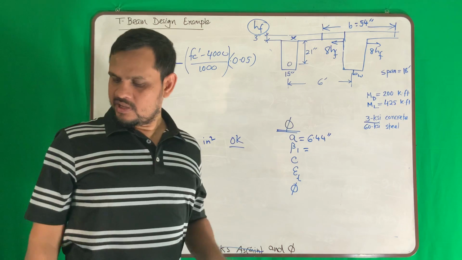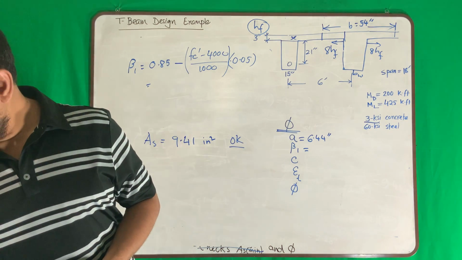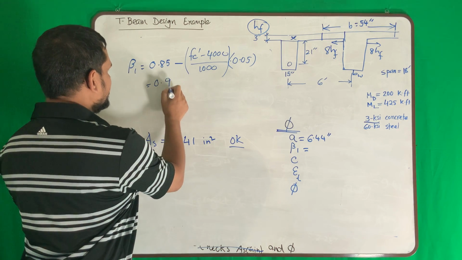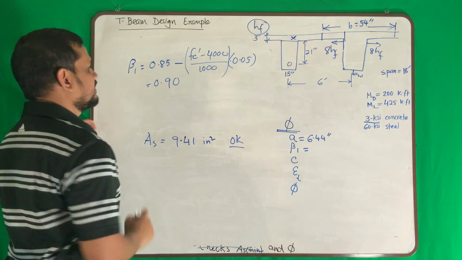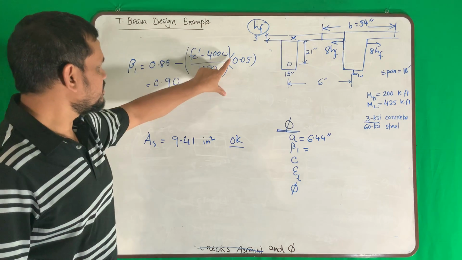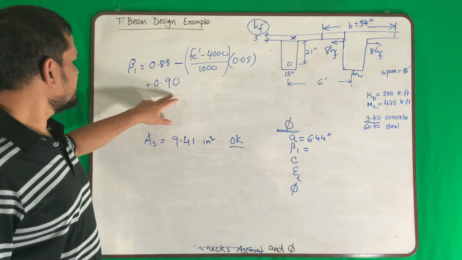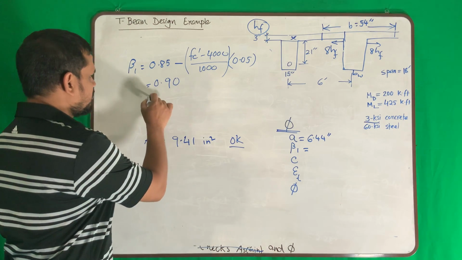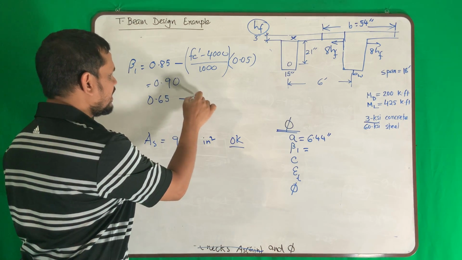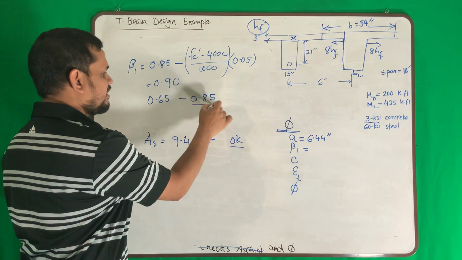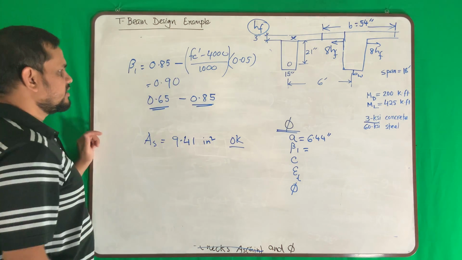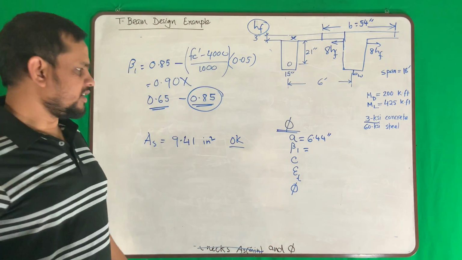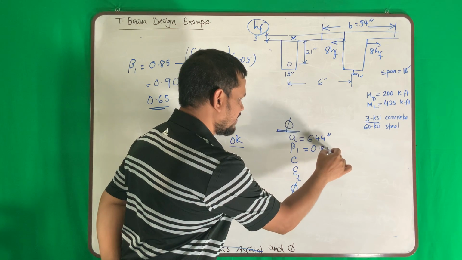Yes, there is an equation. Your book simply uses beta 1 as 0.85. Now if we do this, beta 1 will be 0.90, but we know that beta 1 can be 0.65 to 0.85. It cannot go more than this, it cannot go less than this. So 0.90 is not possible, we will use 0.85. So beta 1 is 0.85.